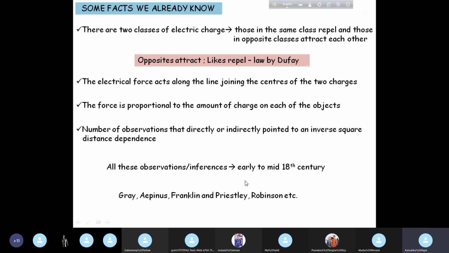If you Google these names, you will find pictures of the experiments related to the work that they were doing, and you will see that in those days, in such adverse circumstances, where there were no proper laboratories and no proper instruments, they performed these experiments, themselves acting as one of the objects of the experiment, to get these results.